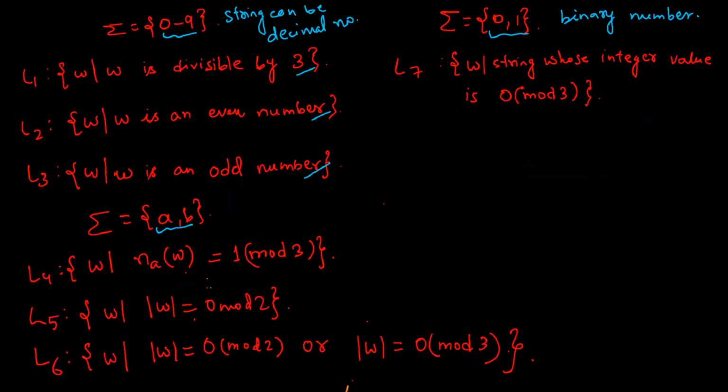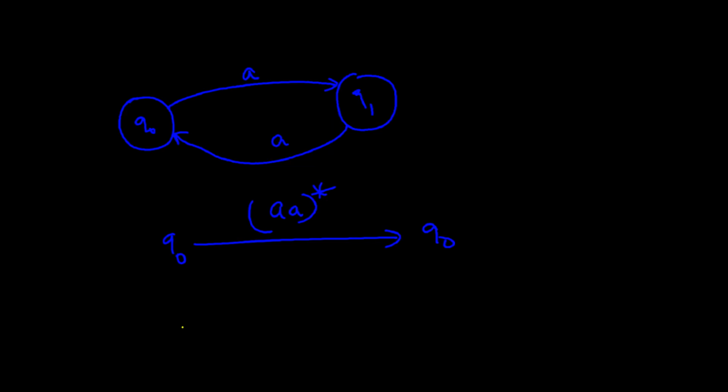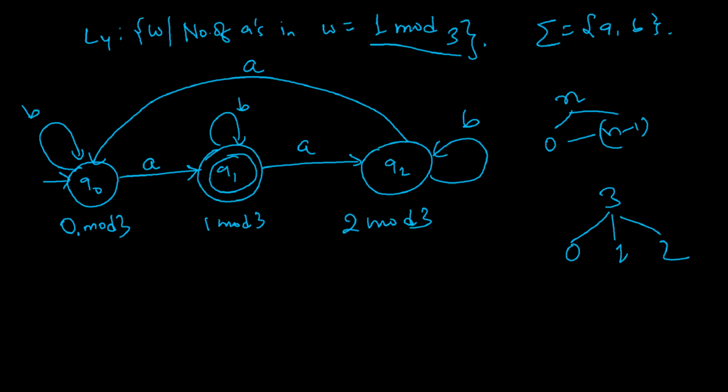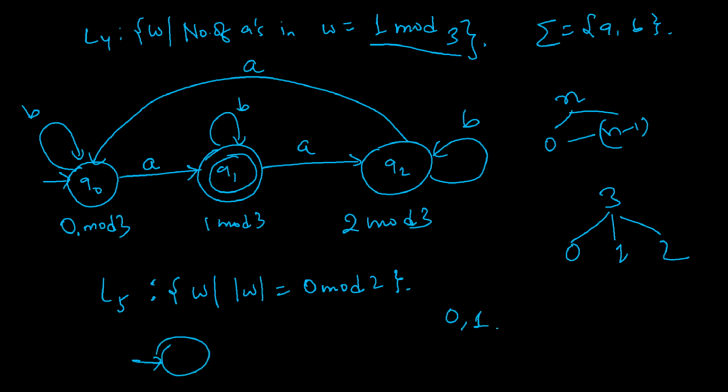L5: the length of W is equal to 0 mod 2. So L5 is W such that the length of W is equal to 0 mod 2. When you divide a number by 2, remainders can be 0 or 1. So Q0 represents 0 mod 2.